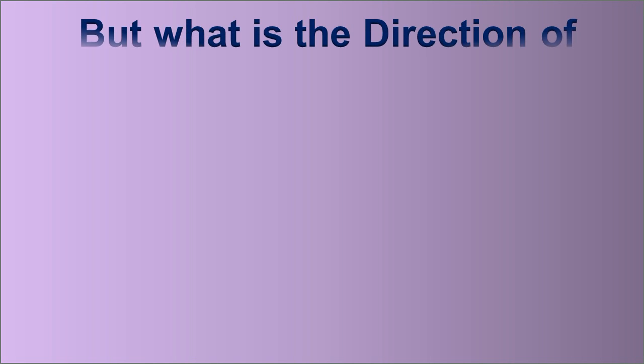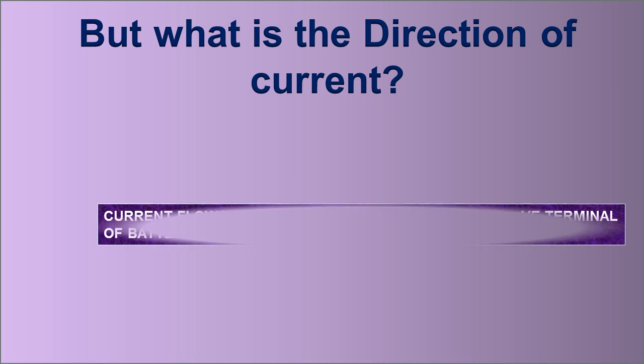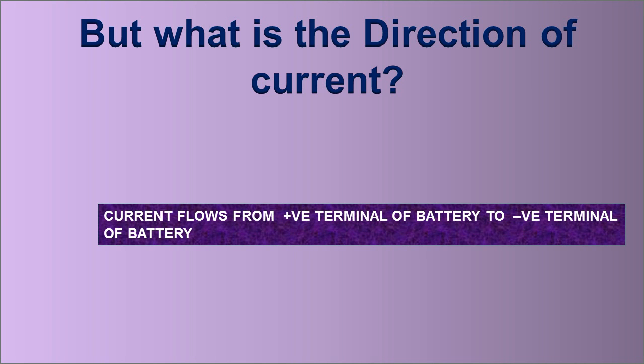Now the question comes to our mind: what is the direction of current? We are taking the conventional direction, or we can say the simple direction, of electric current from the positive to the negative terminal of the battery, or you can say cell.